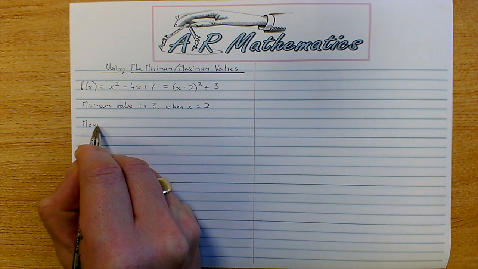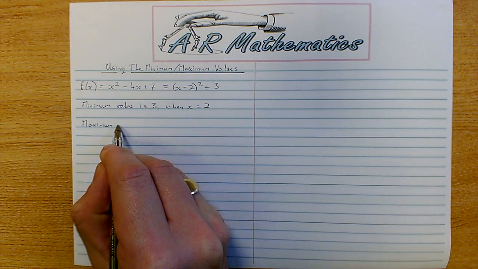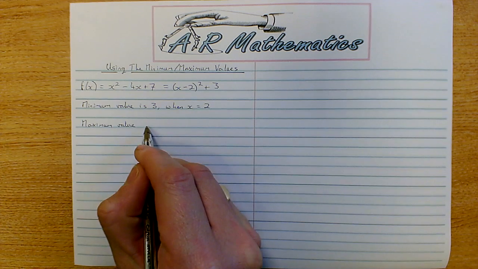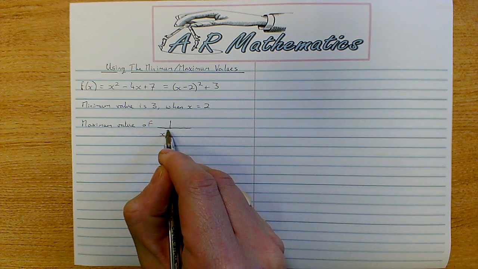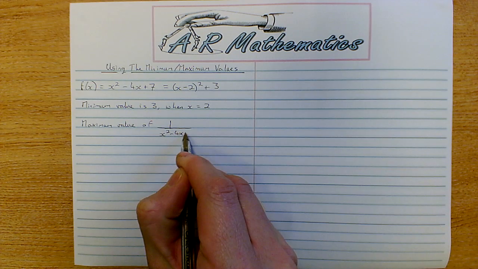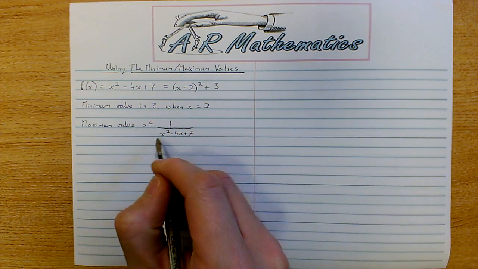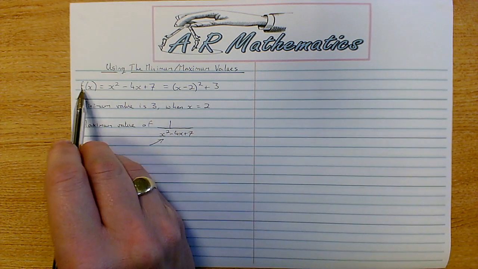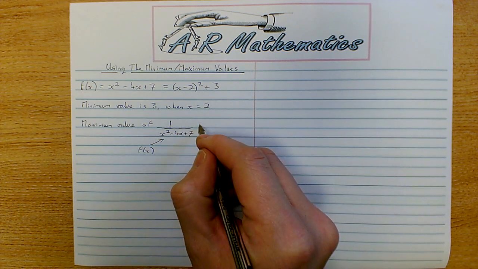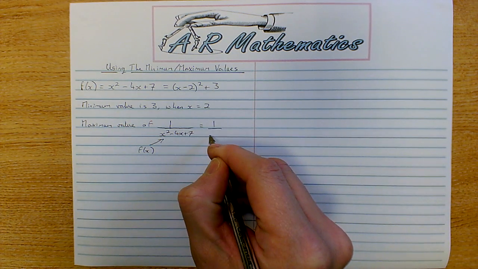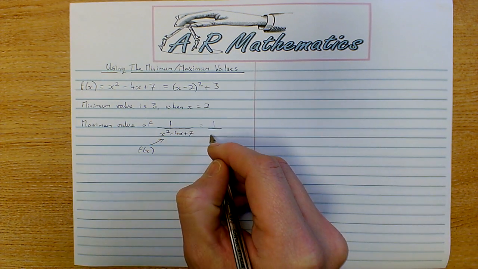maximum value of 1 over x squared minus 4x plus 7. So you notice the denominator here is actually the same as f of x. So this fraction that we're looking for is 1 over f of x.